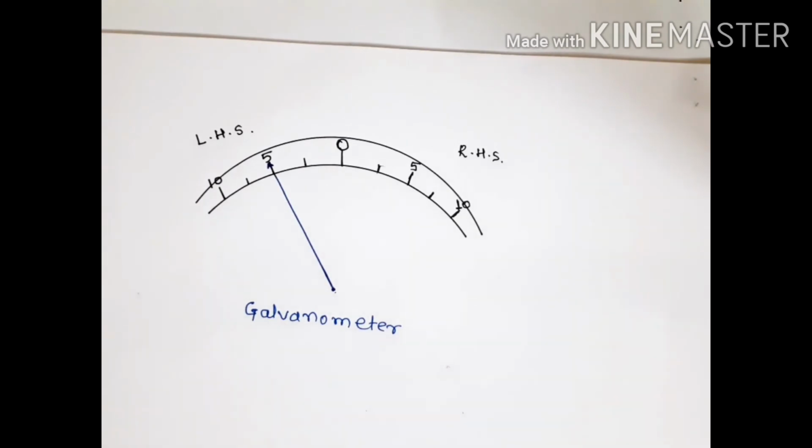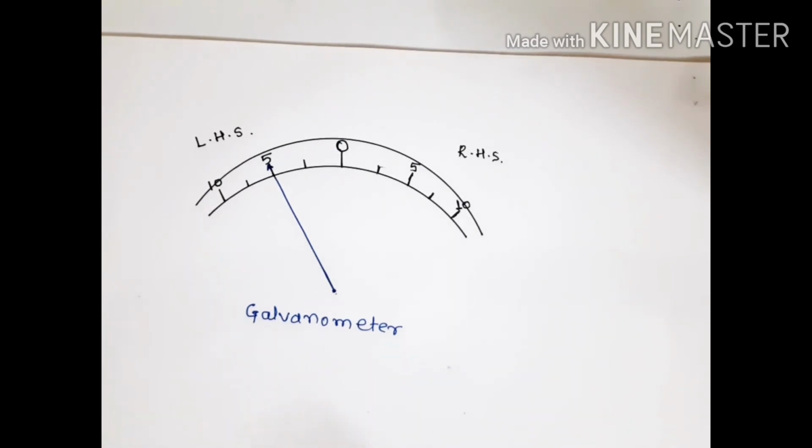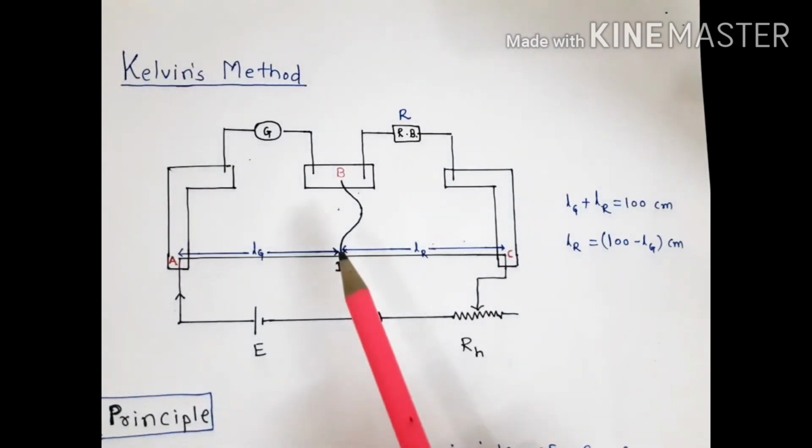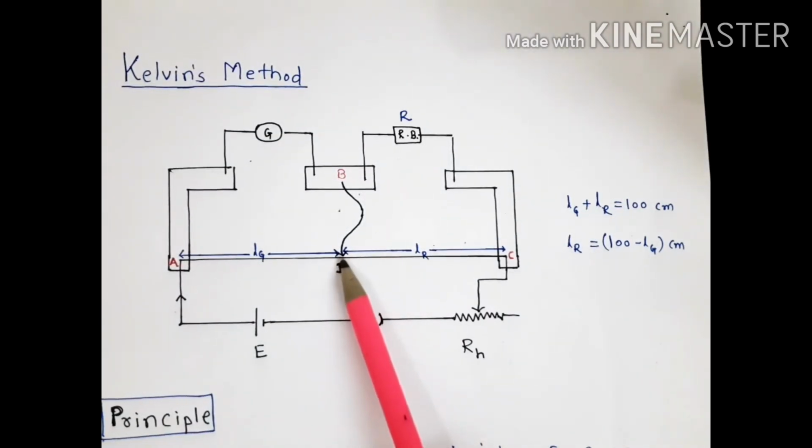Whenever the galvanometer needle shows the same deflection as adjusted before, that point is the balanced point. Here the point D is the point at which the galvanometer needle shows the same deflection as adjusted before.